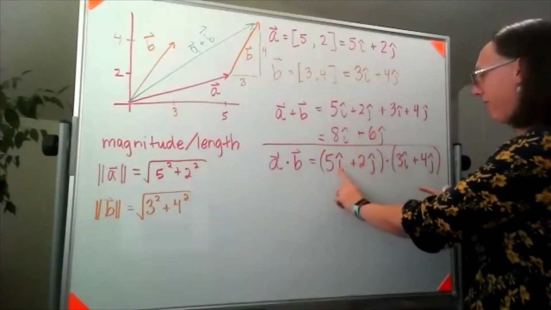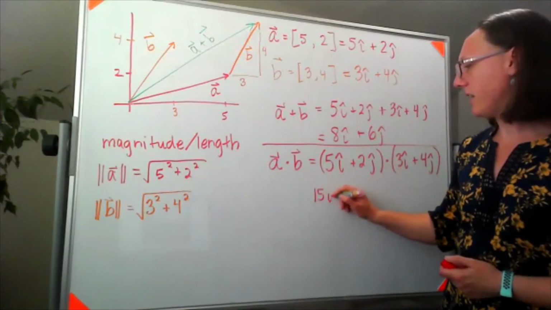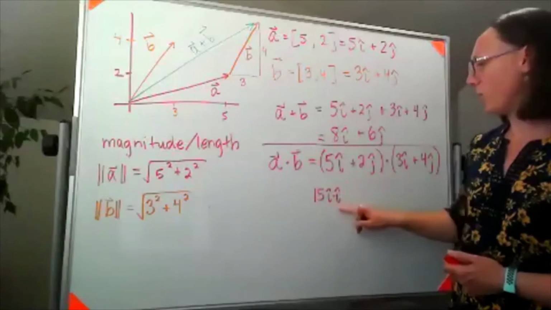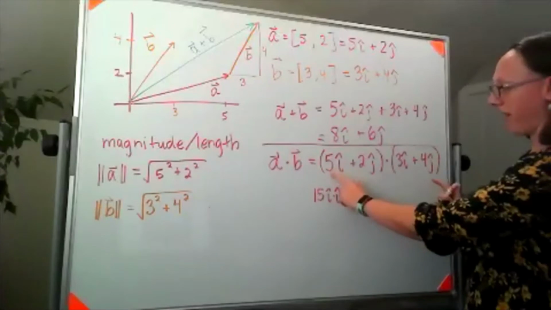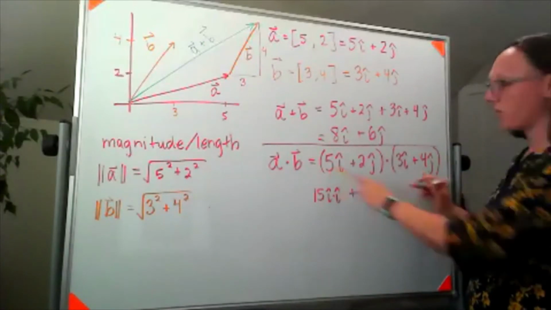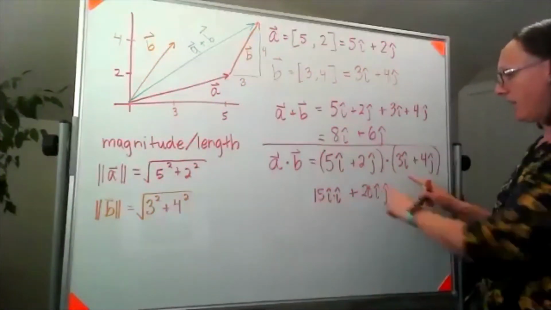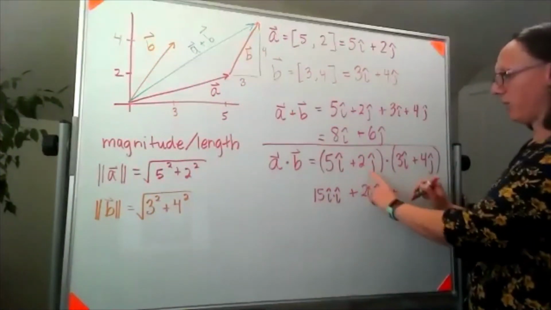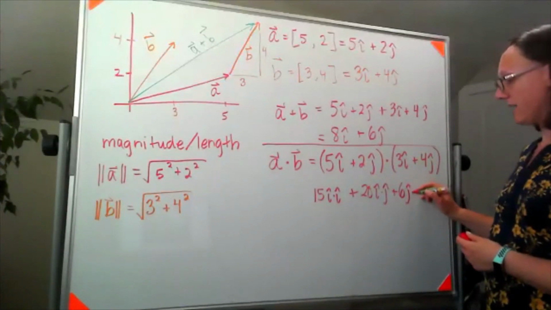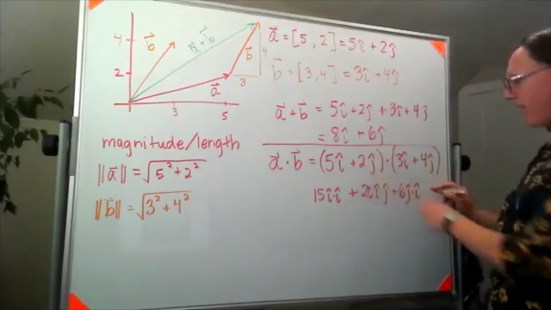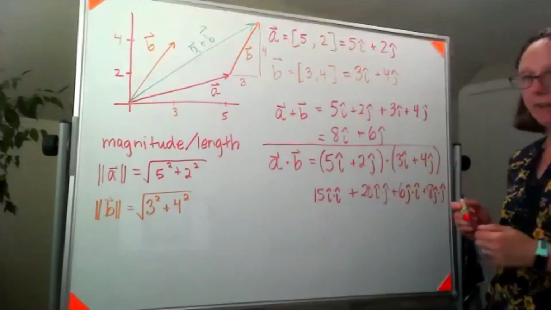So I'd have 5I times 3I, or 15I dotted with I, plus 5I times 4J, so that's 20I dotted with J. These two together, I'm looking at 3J plus 3I, so that's 6J dotted with I, and then finally I will have 8J dotted with J.